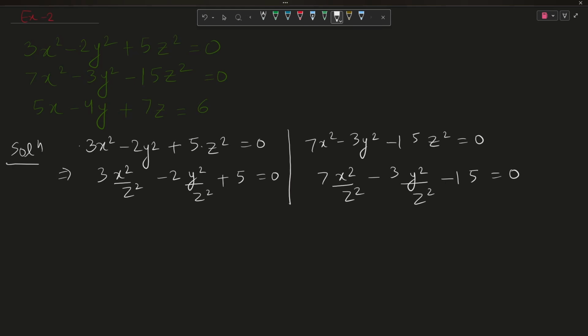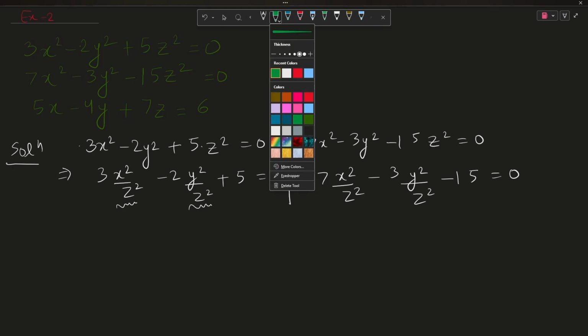As you can already observe, x square by z square and y square by z square are two things which are common in both the equations, and it is kind of a two variable problem, so we can solve these equations.